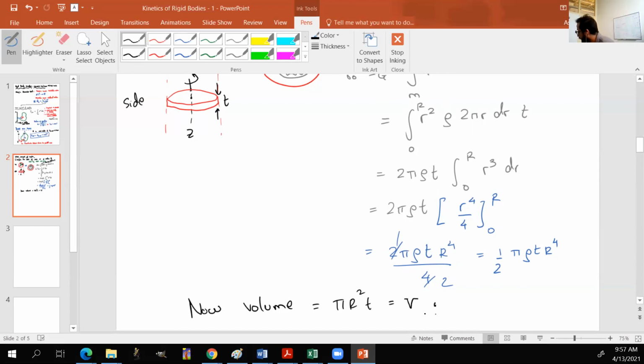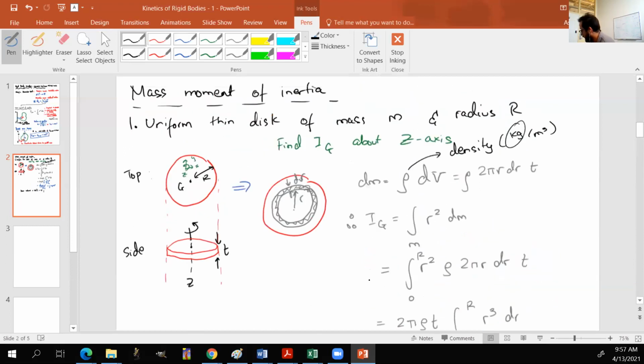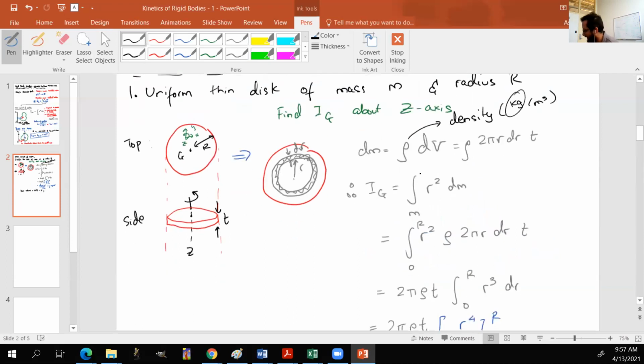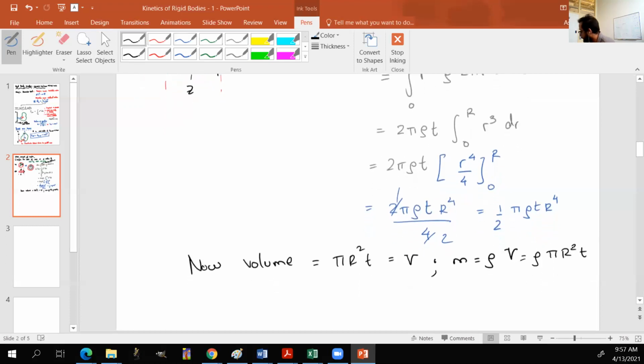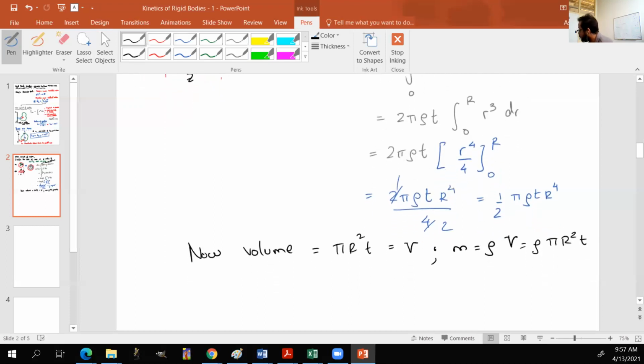And we know from the relationship between mass density and volume that the total mass is equal to rho times the volume V, which is equal to rho times pi r squared t. So from this expression, if you take out rho pi r squared t, you're left with m.